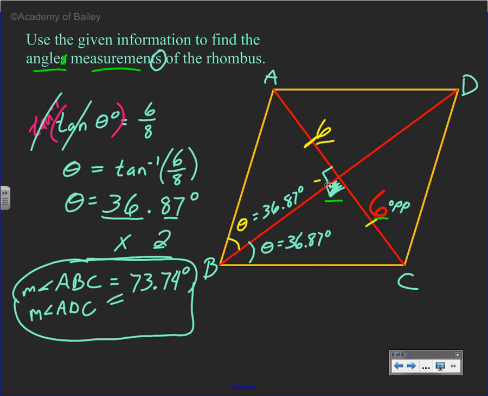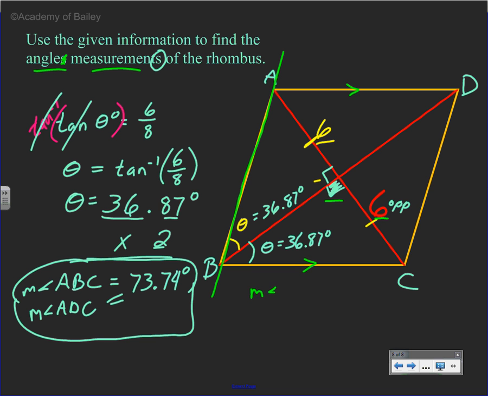And since it is a parallelogram, we know opposite sides are parallel. So if we have parallel lines cut by the transversal AB, we know that same side interior angles are supplementary.